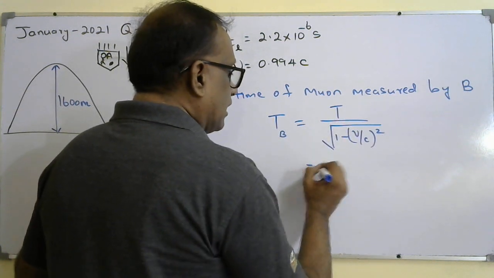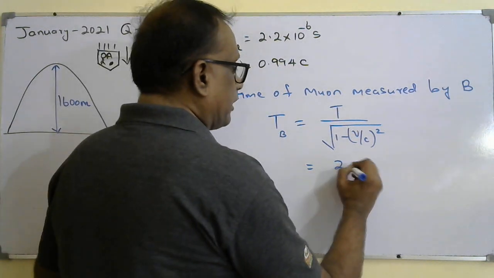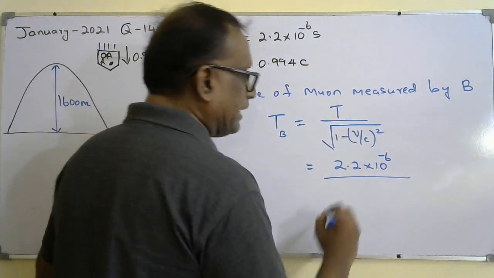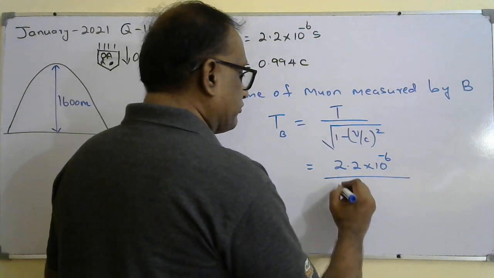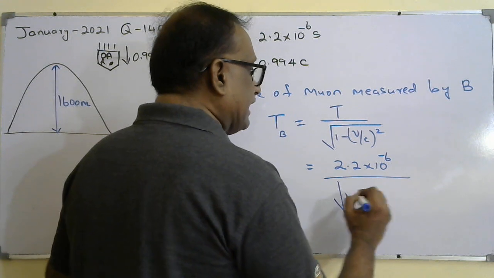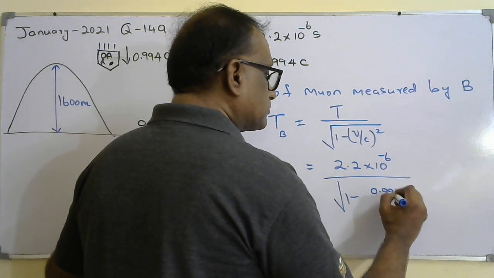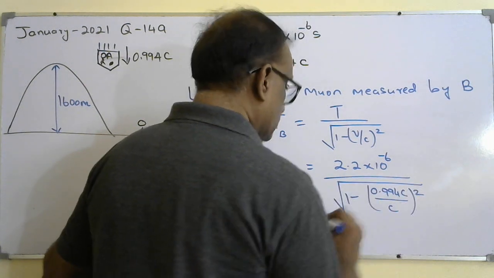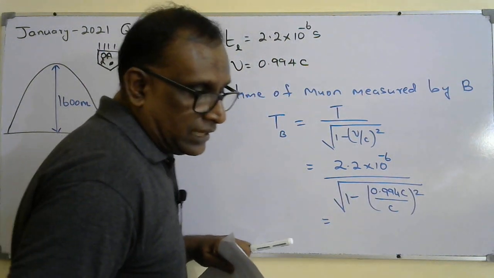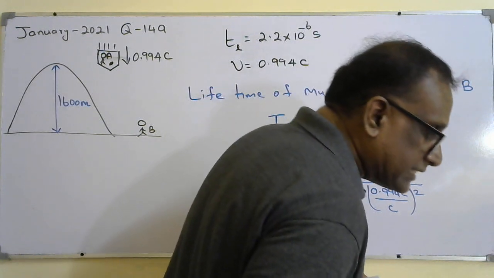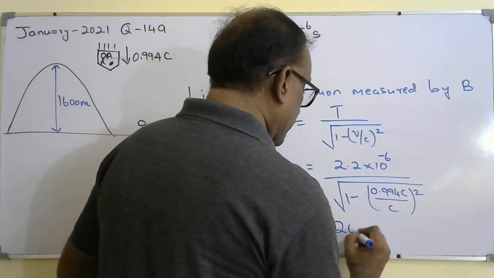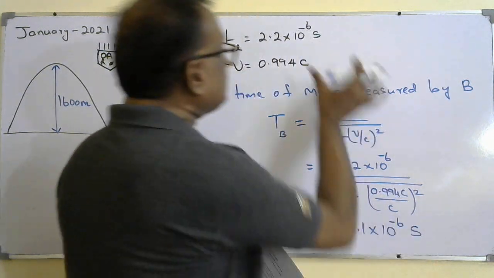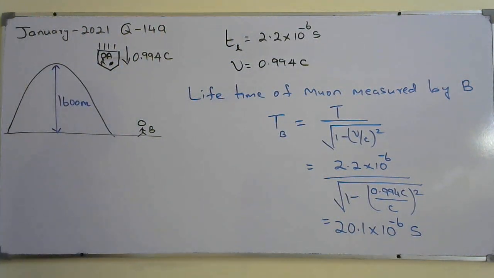This T is 2.2 × 10^-6 seconds when it is at rest relative to B, but it's in motion. So if B measures the lifetime, he will get 20.1 × 10^-6 seconds, which is much larger than 2.2 × 10^-6 seconds.